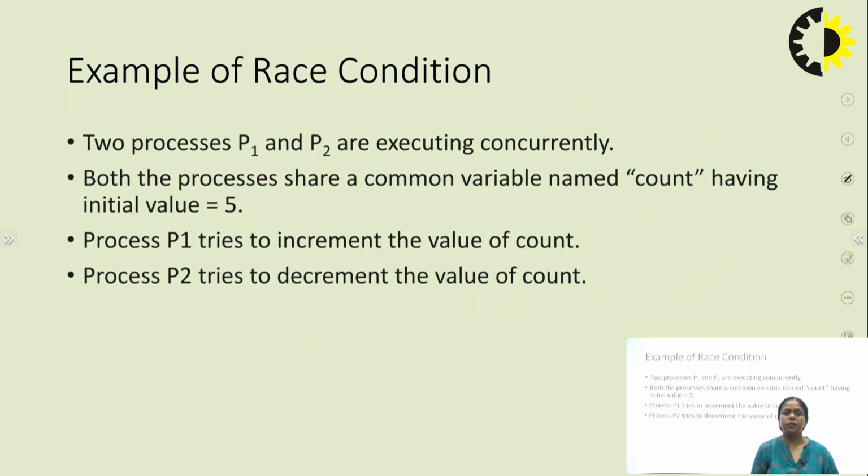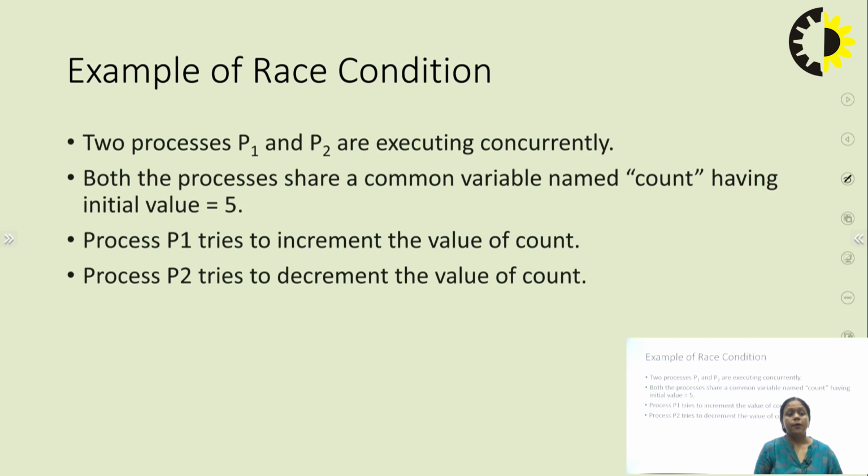Now, we should understand race conditions. How are they generated? For example, we have two processes P1 and P2 executing concurrently. Both the processes share a common variable named count, and the initial value of count is 5.